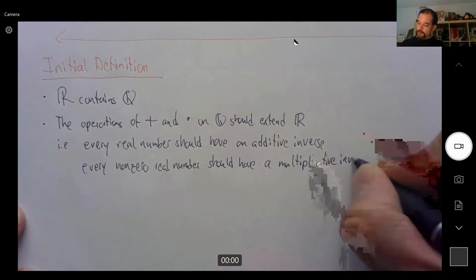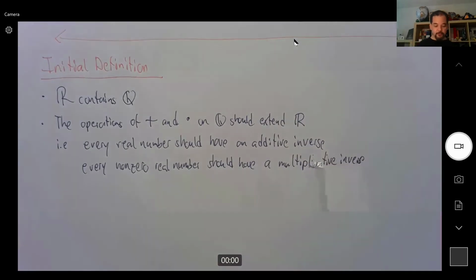And then more properties that we would like, right? We would like for the real numbers to also be a field. Remember, we talked about a field. So it means that the operations of addition and multiplication are commutative, associative. We already know that we have neutral elements or identity elements, and we have inverses. And plus there's the distributive property between them.